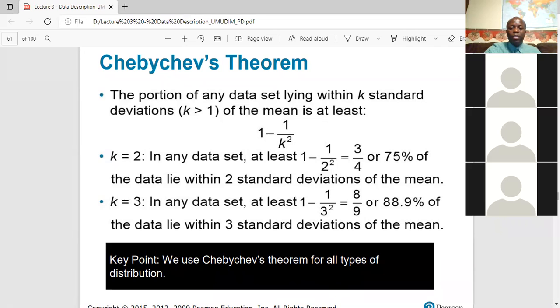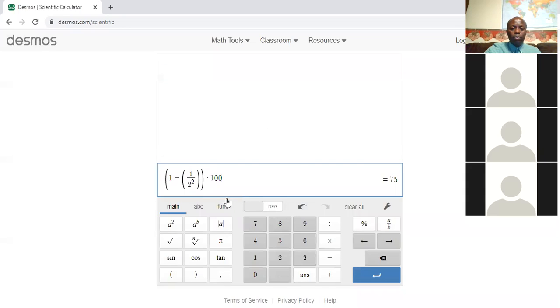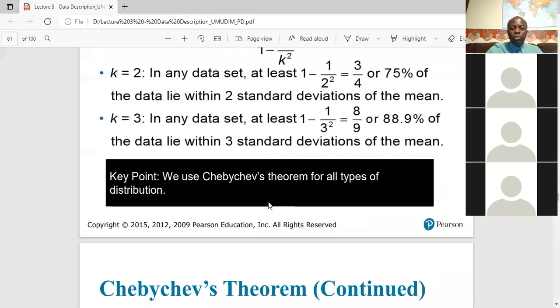As you can see from here, if I change K to 3 instead of 2, it gives 0.888, which is 88.9%, and so on and so forth. Remember, we use the Chebyshev theorem for all types of distribution, whether it's normal or not normal.